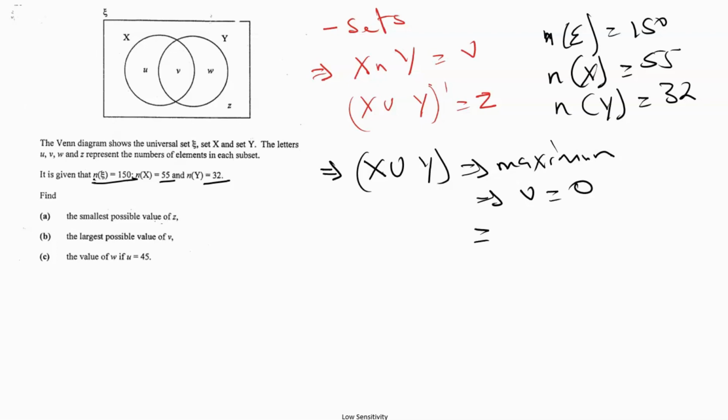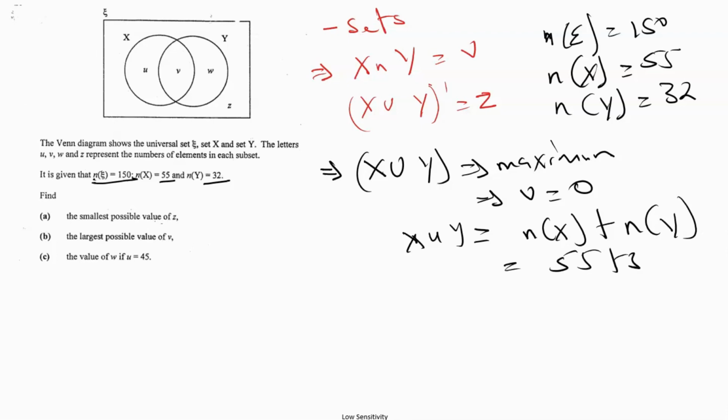If V equals 0, that means the X union Y is just going to be n of X plus n of Y, which is 55 plus 32.